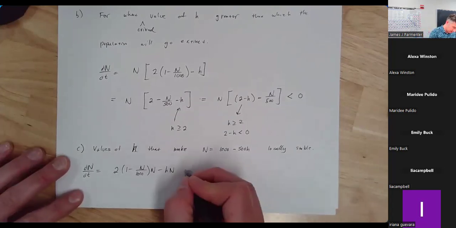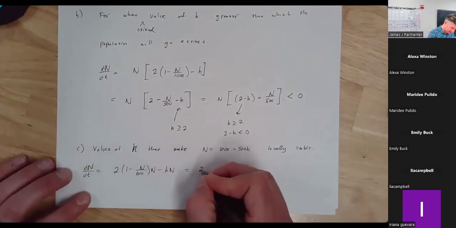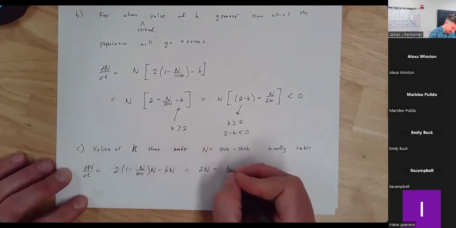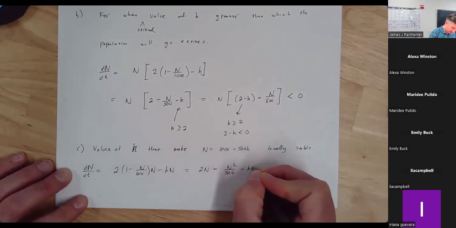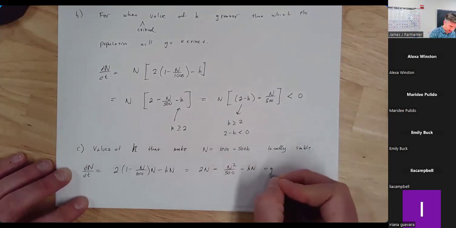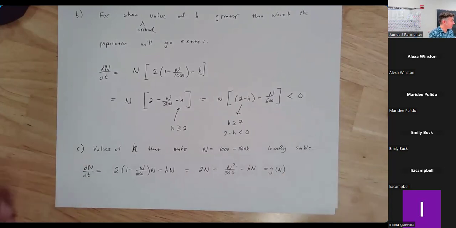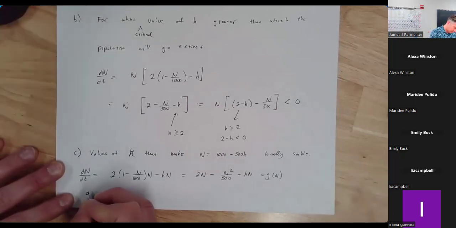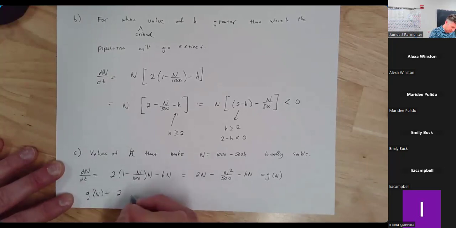So I have 2n times 1 minus 2n times n over 1,000, which is n squared over 500, minus h times n. That's my g of n, the thing I'm going to take the derivative of. So my g prime of n is going to be 2 minus 2n over 500 minus h.